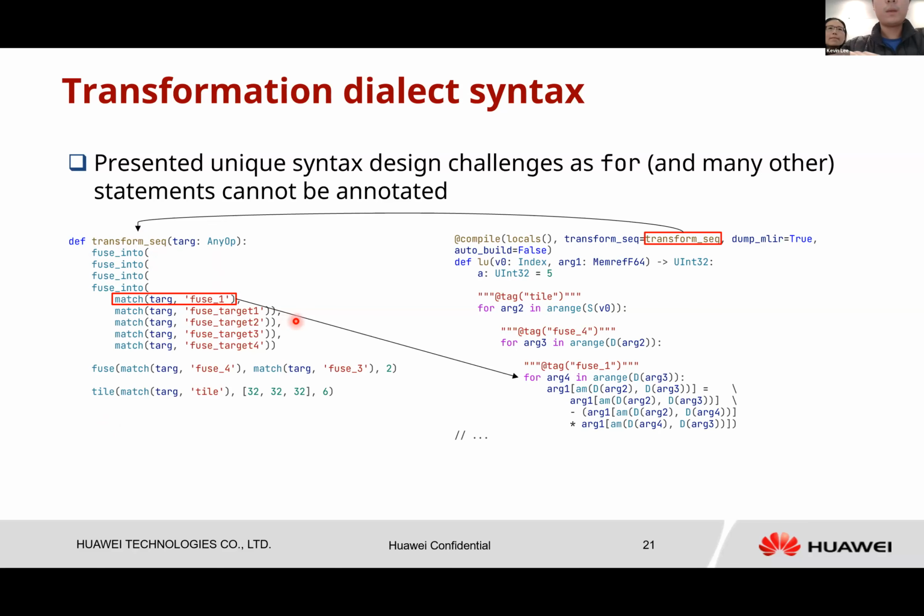I don't have the generated output for this on the slide deck. But essentially, what the transform sequence is doing is just creating additional MLIR code beneath the payload. It's just another function.